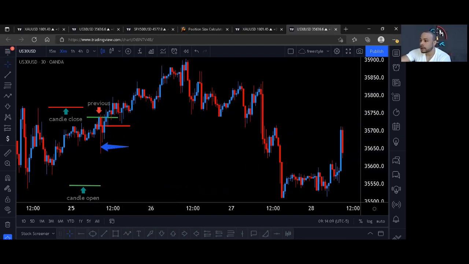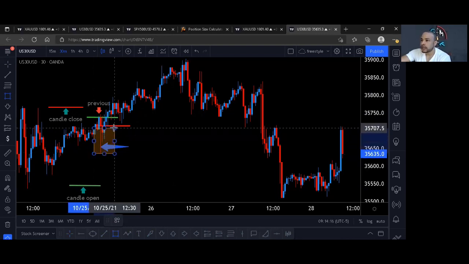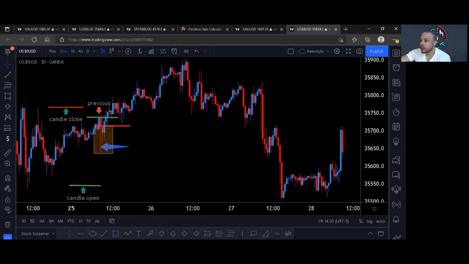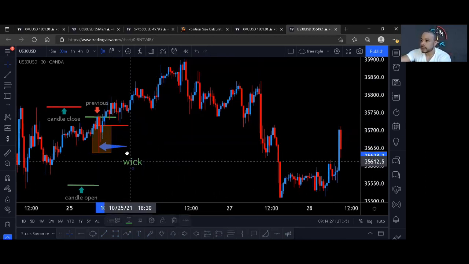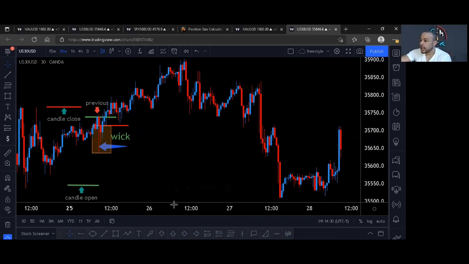From the lowest point to the bottom of the body is going to give us our wick to the downside. And then our high to the top of the body is going to give us our wick to the top side.